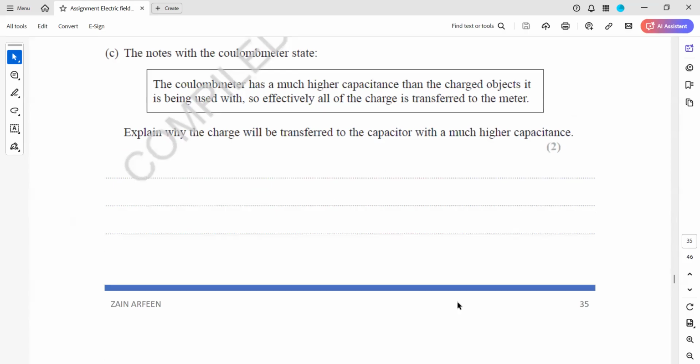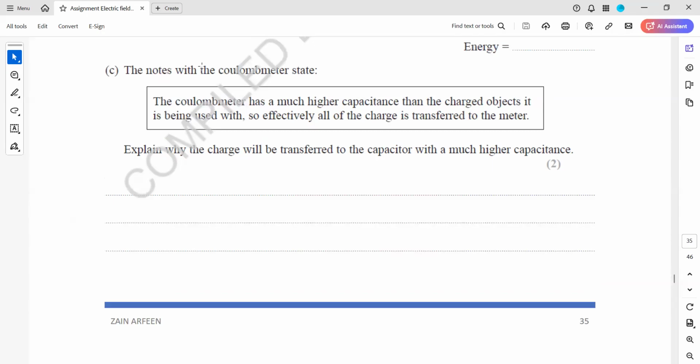So we have to explain this note here. As they already mentioned, the notes with the coulomb meter state that the coulomb meter has a much higher capacitance than the charged objects.